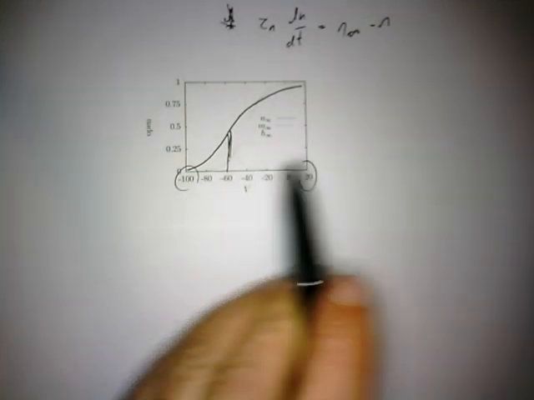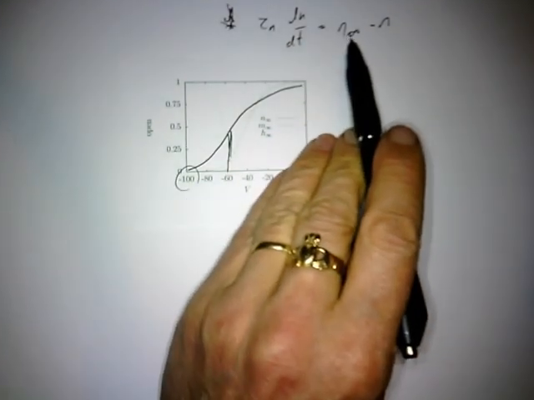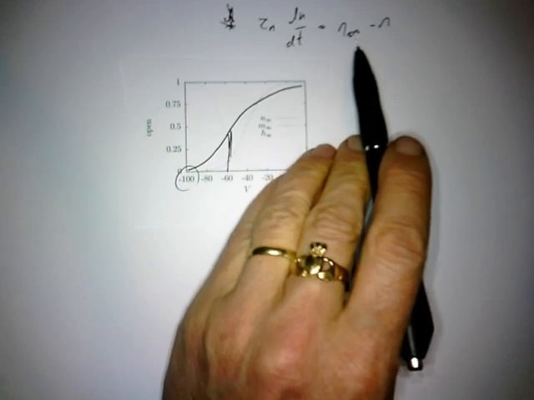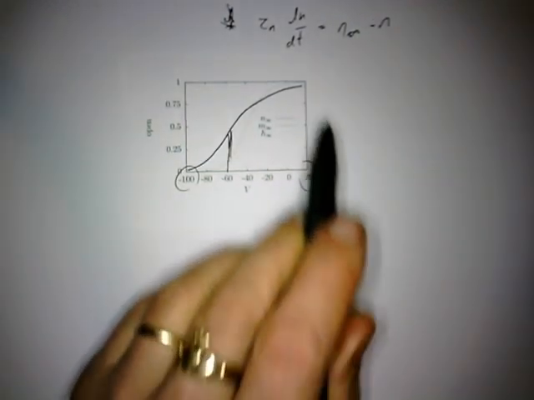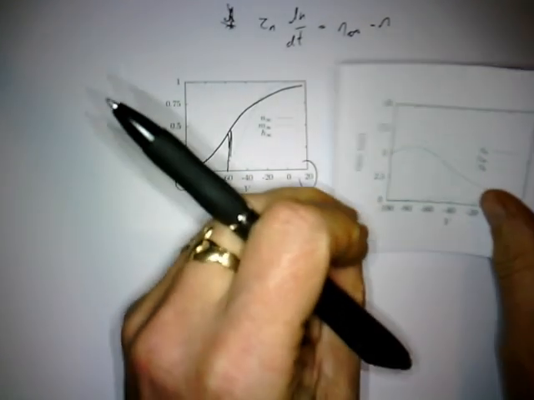So as the voltage increases, n infinity is going to increase towards 1. And so that means n heads towards n infinity, and it also increases towards 1. And what that means is that the potassium conductance is increasing. And what is that time scale? Well, I have a picture of that here as well.